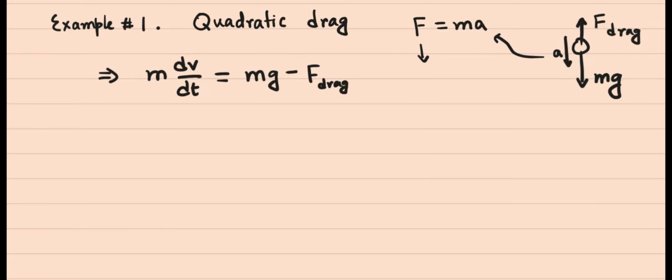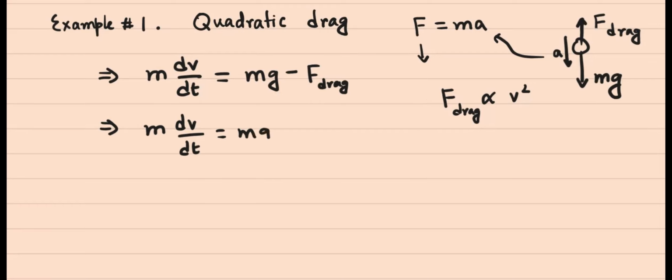And this drag force, as we have just spoken, is proportional to the square of velocity. So we write the proportionality constant as b. So finally we find the form m dv/dt equals mg minus bv squared.